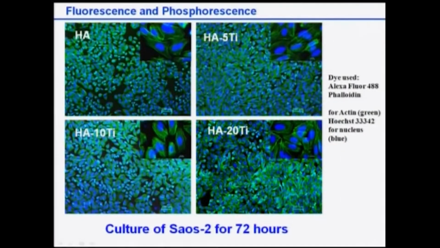In this case, I am showing you some pictures taken from cells, human osteoblast cells grown on different composites like hydroxyapatite, titanium composites, and by using Alexa Fluor 488 dye, we can tag this dye on the mitochondrion of the living cell.